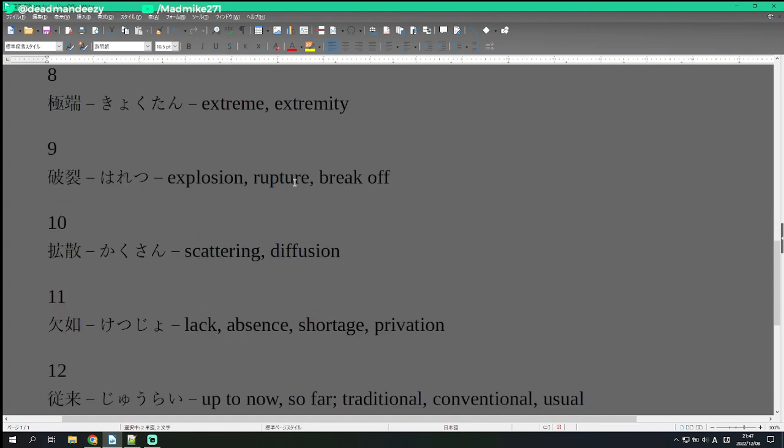Number 8 is kyokutan. Kyoku on the left side for an extreme or extremity, and tan on the right side for a verge. So the verge of an extremity is the very extreme or an extremity. Kyokutan is an extreme, verge, or an extremity.